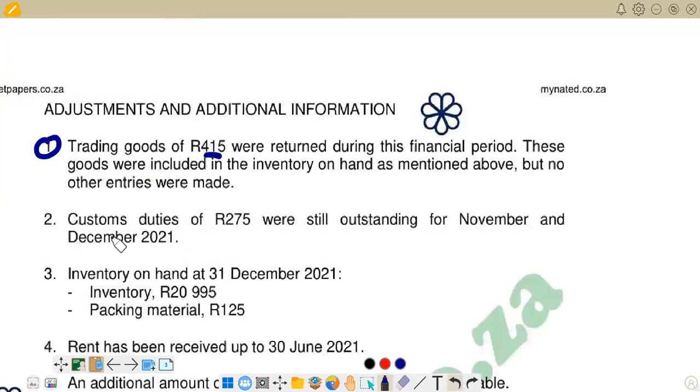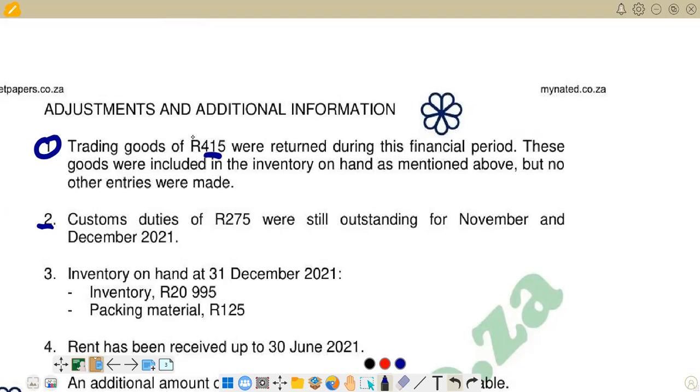You'd see that on additional information number 2, customs duties of 275 rands were outstanding for November and December. So we have something outstanding. So this is an accrual. Remember, according to the matching principle, when we have an accrual, we're supposed to add that amount because it belongs to this period.